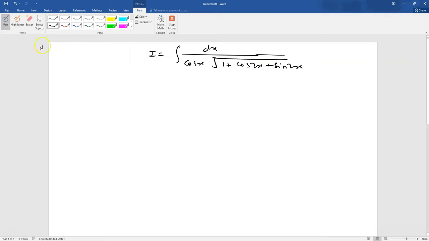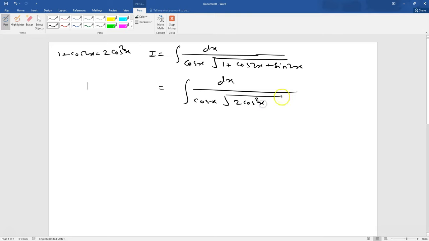Right. Now see 1 plus cos 2x, it will be what? 2 cos square x, right? And sin 2x क्या था? 2 sin x cos x. So this is going to be what? dx upon cos x under root 2 cos square x and then 2 sin x cos x, right?